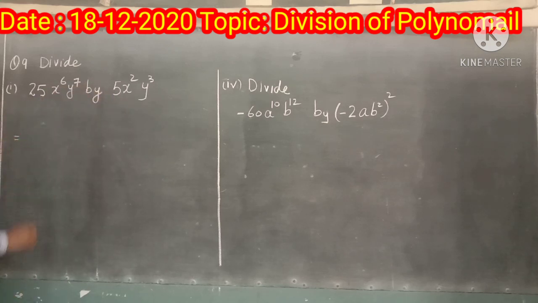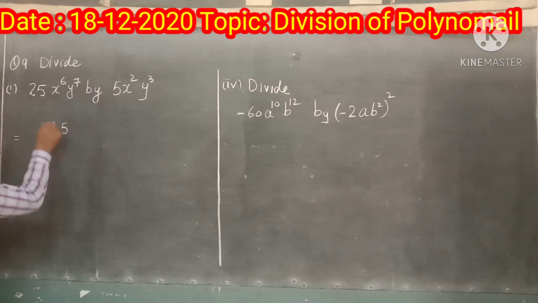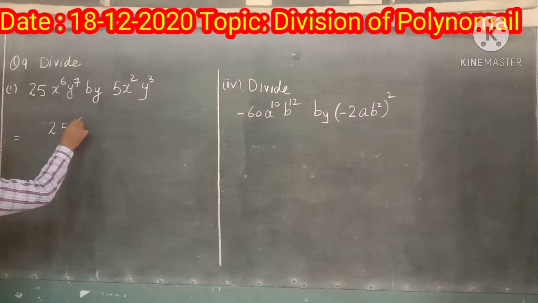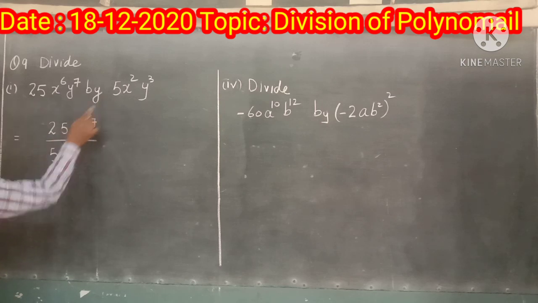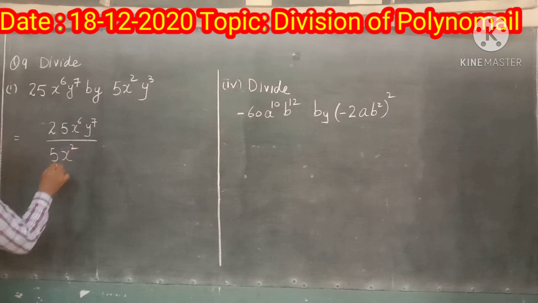When the question is given just like this, how can you divide? This number you will make as a numerator and this number you will make as a denominator. You will make the fraction just like this: 25x^6y^7 divided by 5x^2y^3.